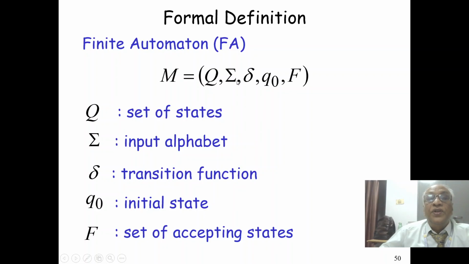Q, sigma, delta, Q0, F. Q indicates the set of states. Sigma indicates input alphabet. Delta indicates transition function. Q0 indicates initial state. F indicates set of accepting states.